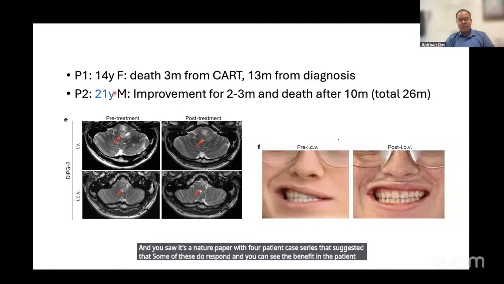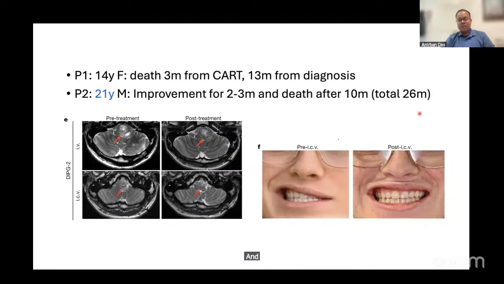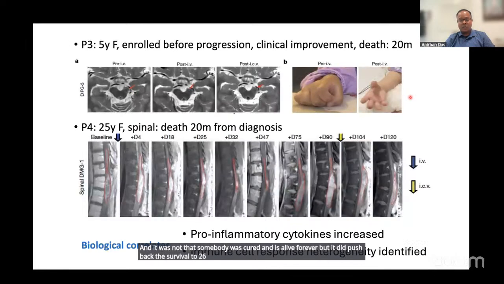But again, there are caveats, as you can see, an older patient, and it was not that somebody was cured and is alive forever, but it did push back the survival to 26 months and even 30 months, as we will see. And again, the spinal patients, the non-pontine patients, seem to have better outcomes in a way.